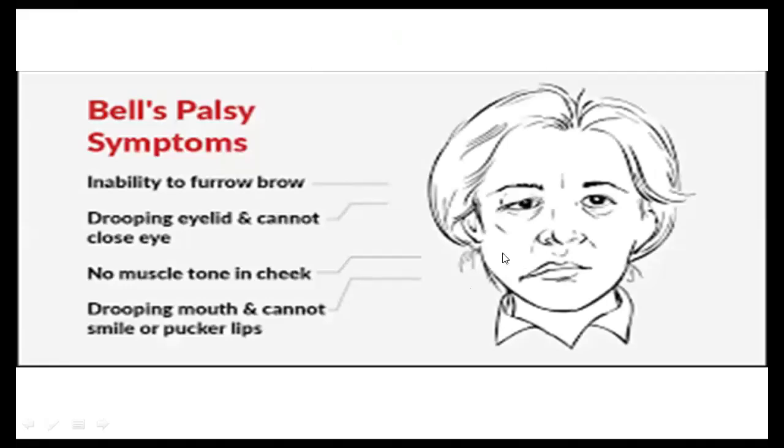Okay. What do you call this sign where the eye is not able to close? The characteristic sign that is seen in facial palsy? Bell's sign. And what does Bell's sign mean?